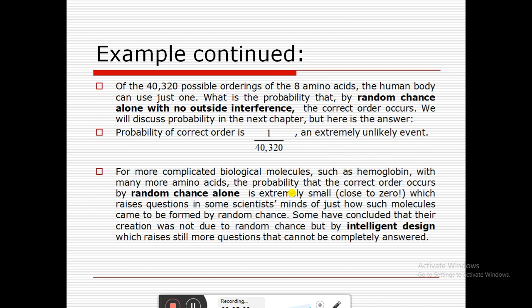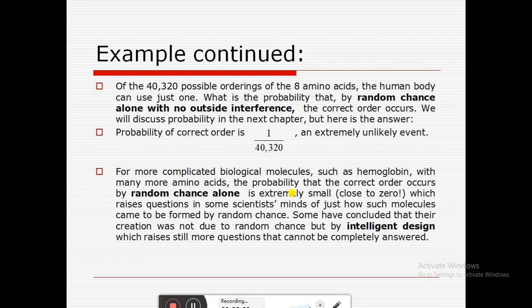When we proceed further, of the 40,320 possible orderings of the 8 amino acids, the human body can use just one. Then what is the probability that, by random chance alone with no outside interference, the correct order occurs?